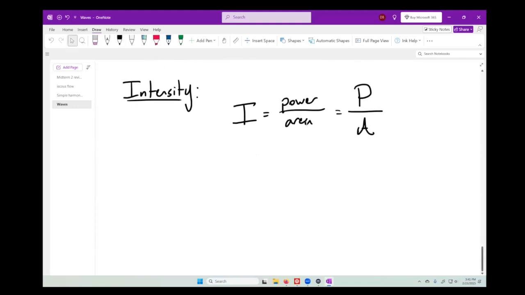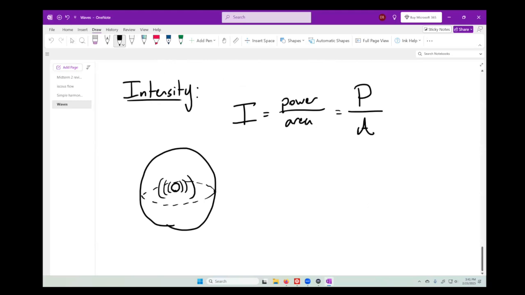And what's the area here? Well, now we're thinking about, instead of a wave moving on a string, like a one-dimensional wave, a wave being produced by a source like a speaker or a light bulb that is propagating in 3 dimensions. So as it spreads throughout space, it's spreading out, for example, over the surface of a sphere, or the wavefronts of the wave are spheres.